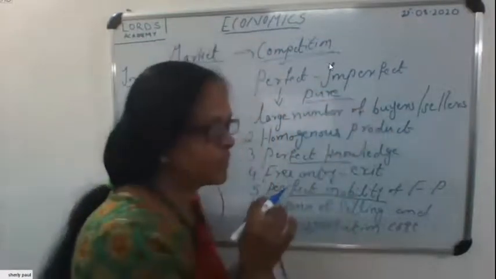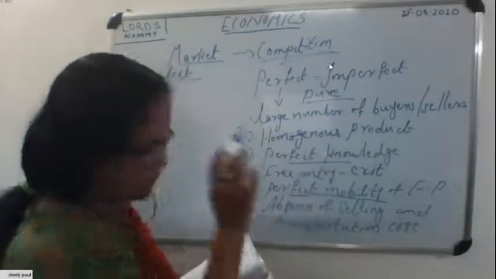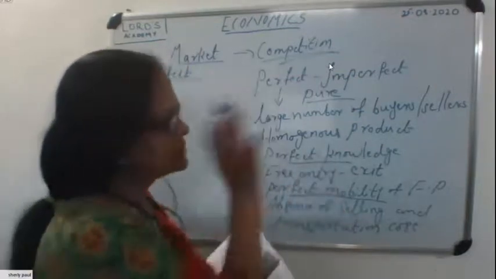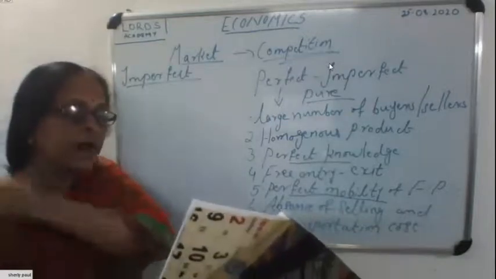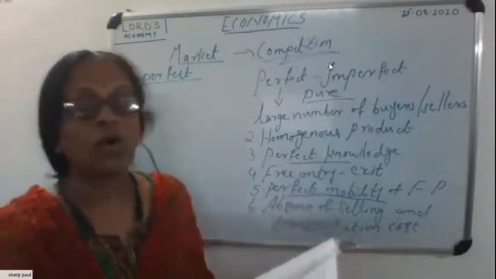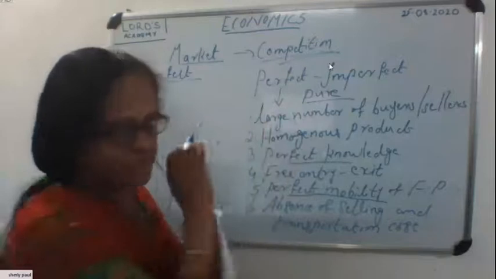Very rarely they are asking pure competition. In pure competition, you are getting four characteristics, but not these two. If you remove these two characteristics, that is known as pure competition. Clear?